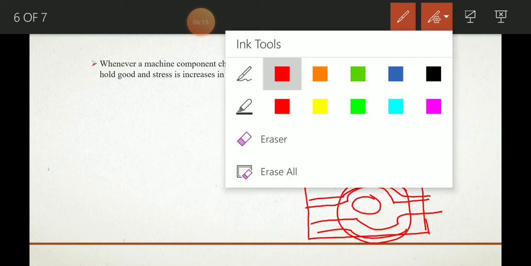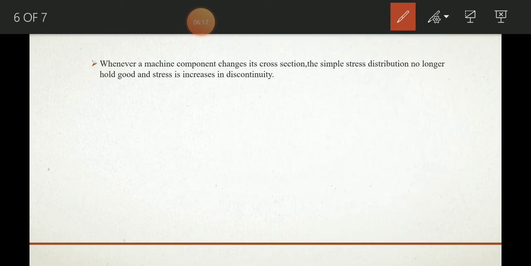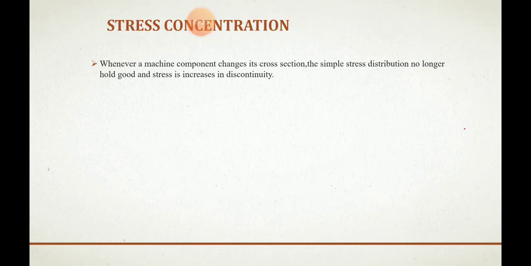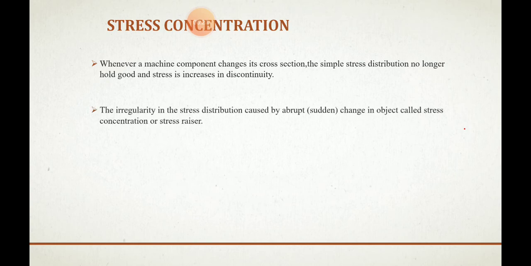So you have to take care to avoid this mistake when you design. Now the question is how to avoid it. The stress concentration can be reduced by avoiding sharp corners.